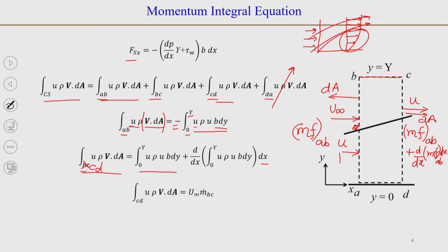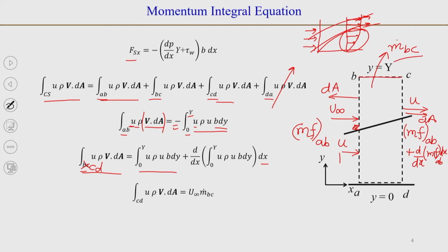So, in the last class we also plotted the streamlines. The streamlines will be slightly diverted away from the region, and the distance between them will be increasing. So, the mass flow rate from AB to BC in this region in the boundary layer will decrease. So, you will have a net flow which is m dot BC.